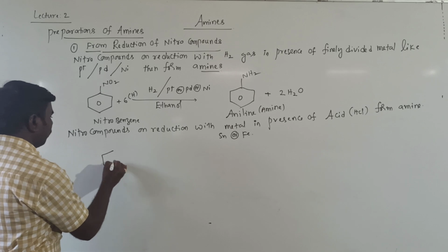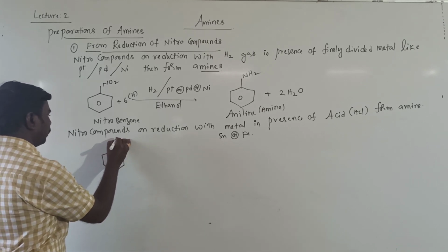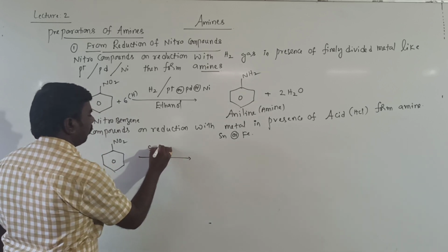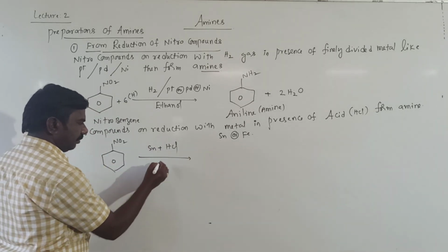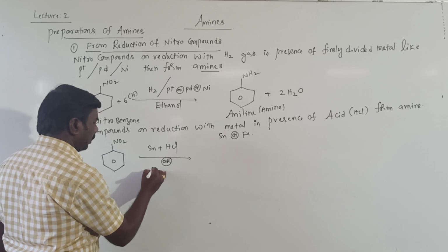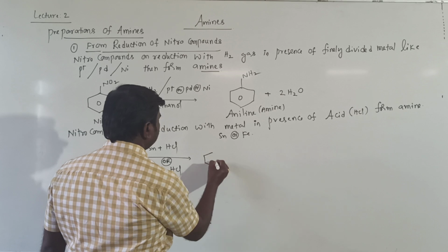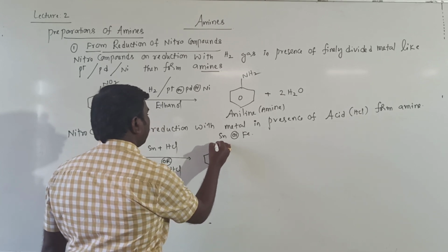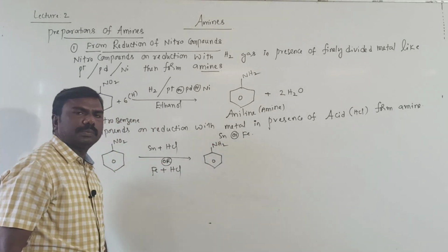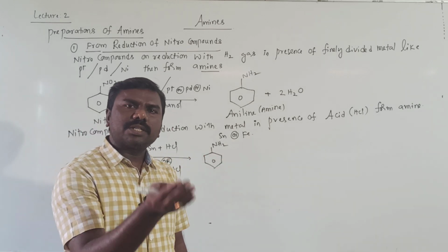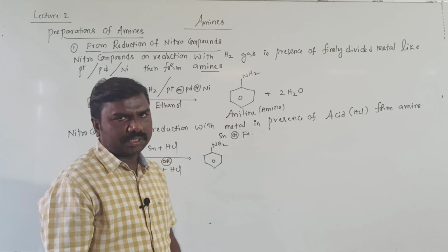The nitro compounds on reduction with metal in presence of HCl, otherwise iron metal in presence of HCl, then NO2 is converted into NH2. Removal of oxygen is called reduction, addition of hydrogen is also called reduction.